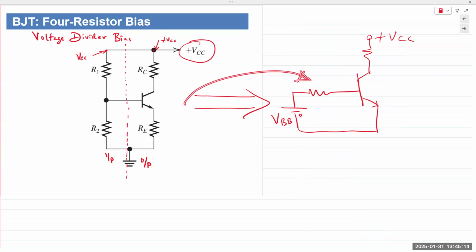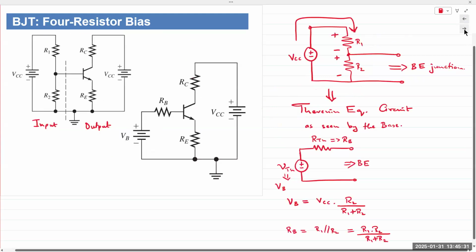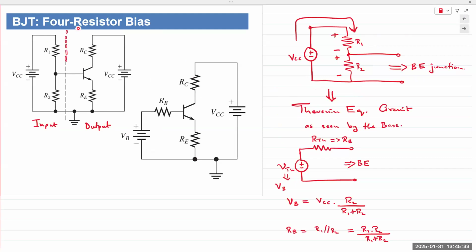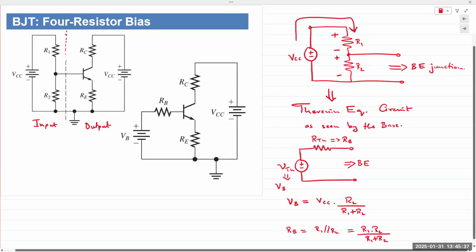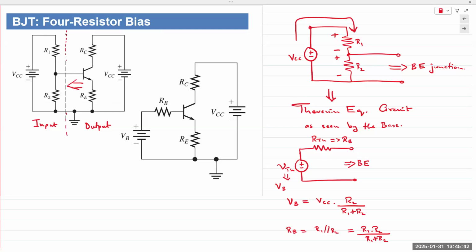You need to combine it into one single resistor and one single voltage source, as seen by the base emitter junction, meaning how does R1, R2, and VCC look when it's viewed from the base. And to do that, we divide it up and observe the circuit from the base emitter junction.